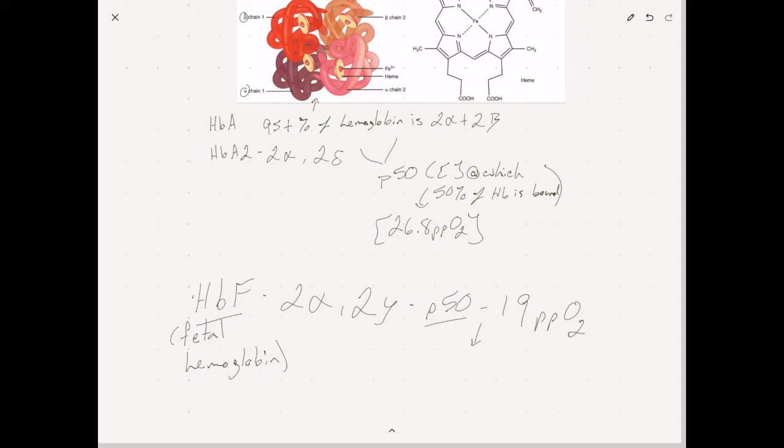What this tells us is that fetal hemoglobin, or HbF, has a higher affinity for oxygen, because at a lower concentration or lower levels of oxygen, it's going to be halfway saturated. And we talk about halfway saturated because it's really hard to get the full saturation. And I'll show you a graph in just a moment that illustrates this.